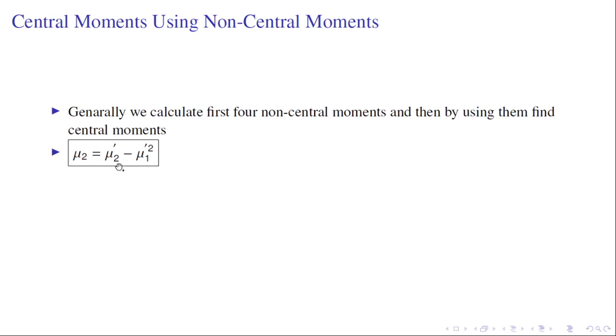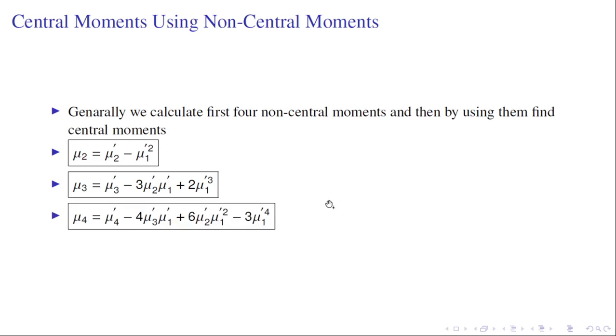First we calculate the first four non-central moments, mu1 dash, mu2 dash, mu3 dash and mu4 dash. By using the non-central moments only, we calculate central moments. So in your statistics career, you must remember the first four central moments in terms of non-central moments.